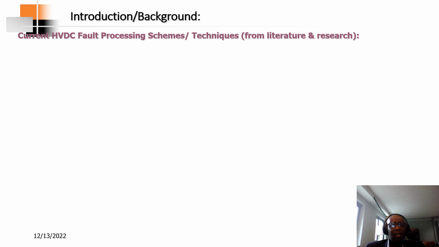Now let's go to the next slide. Now we'll talk about the current fault processing schemes that we have out there. Some of them are in commercial operation, and some of them are based on literature and research. We have techniques that are based on Fourier transform.